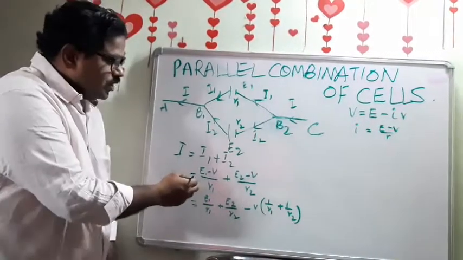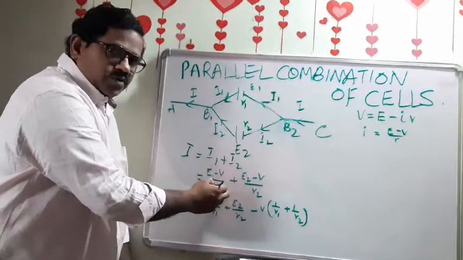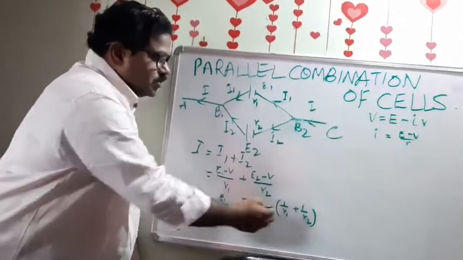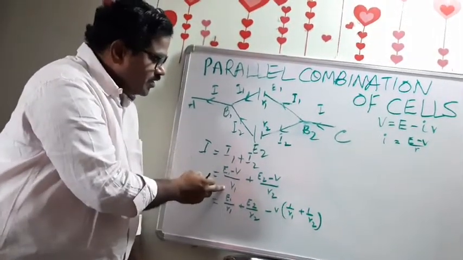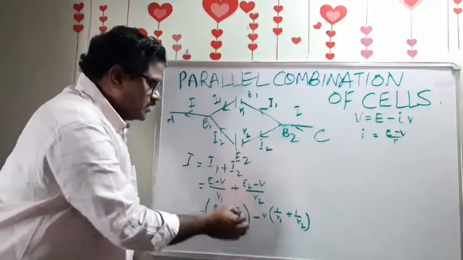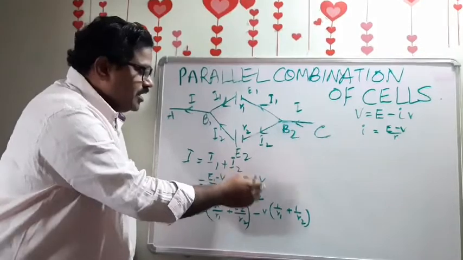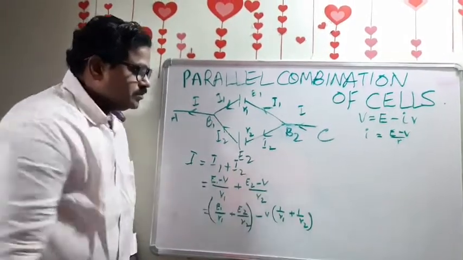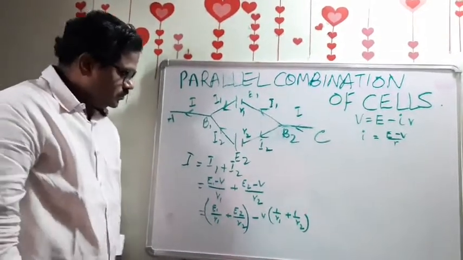Is that clear? We have split it: two fractions here and two there, four fractions in total. E1 by R1 and E2 by R2 together, let us keep brackets, and then minus V by R1, minus V by R2, V common, 1 by R1 plus 1 by R2.